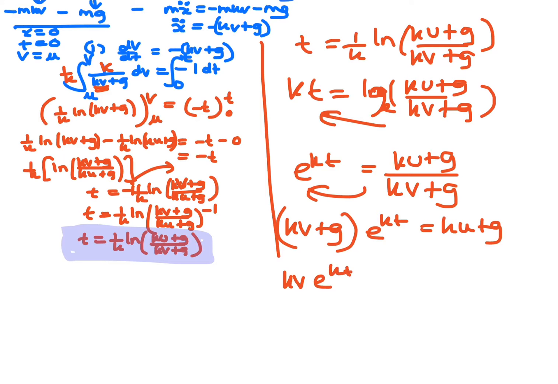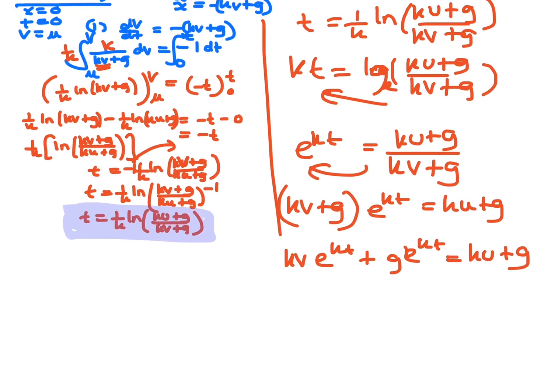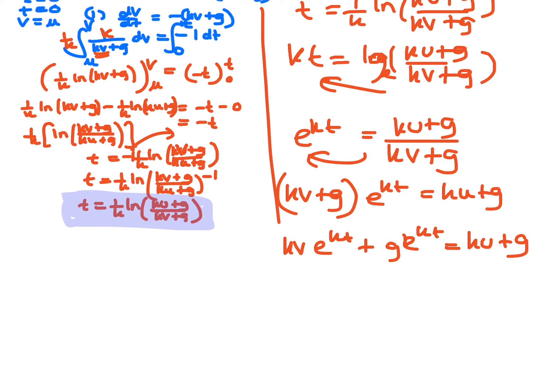kv e to the kt plus g e to the kt equals ku plus g. And what I'm trying to do here is just get v by itself. So what I'm going to do actually, I'll take the e to the kt out.